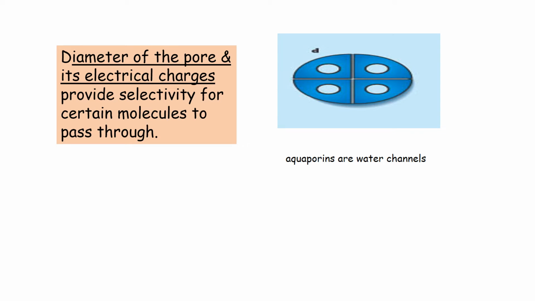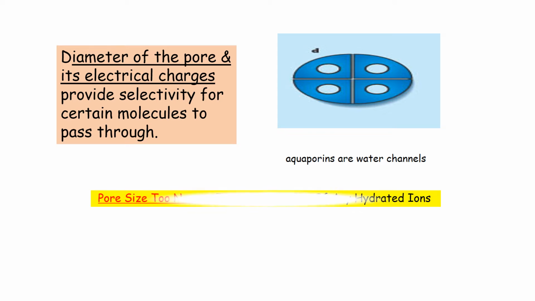In case of this aquaporin, it has a very narrow diameter and therefore any other hydrated ion fails to pass through it. So it is highly selective for water, and we have approximately 13 different types of aquaporin in our body, and they can be upregulated or downregulated according to the physiological conditions.